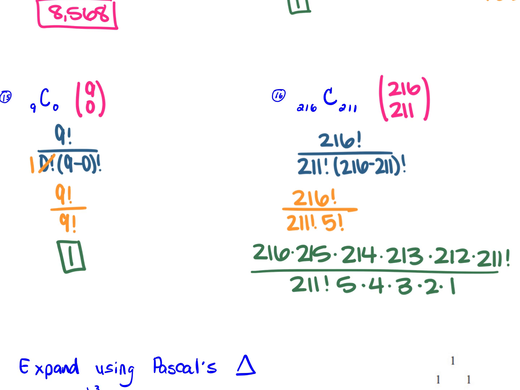So in my calculator, I'm just going to do 216 times 215 times 214 times 213 times 212, because those 211 factorials cancel. Put that over 5 times 4 times 3 times 2 times 1. And that gives us a very large number, which should be 373,972,9608.